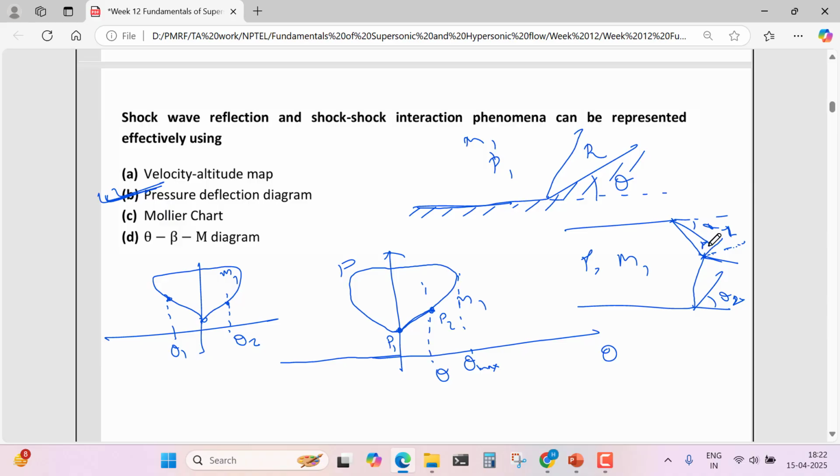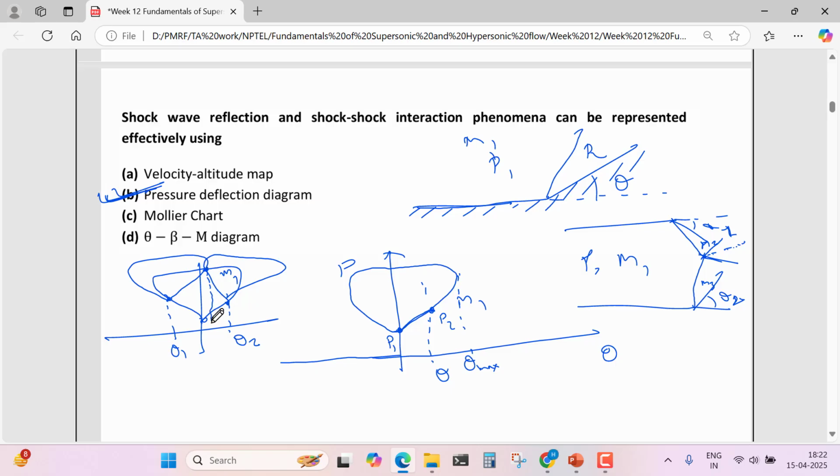Let's say here the Mach number is M2 and here the Mach number is M3. So for Mach number M2 and theta 1 we will make one more theta-P diagram, and for this also we will make one more diagram. Like this, these two are meeting here.